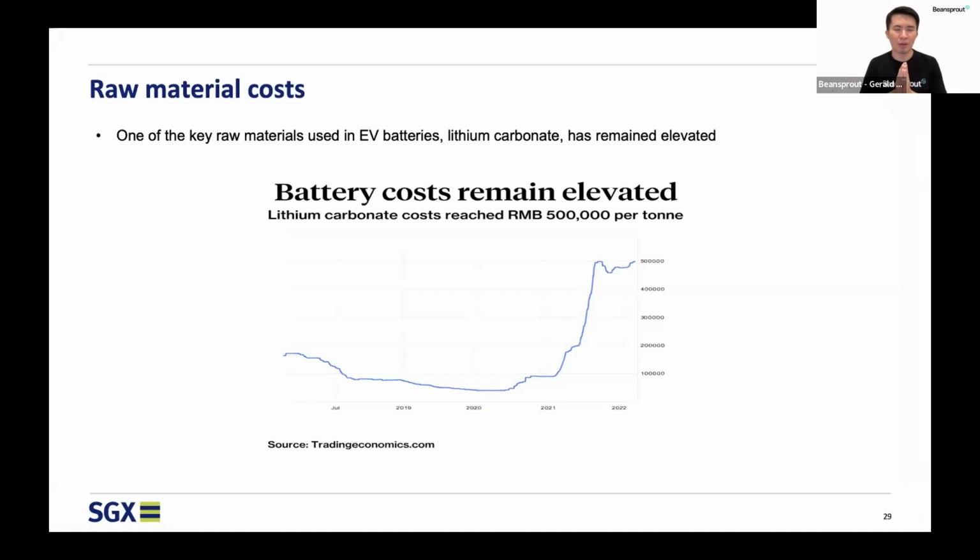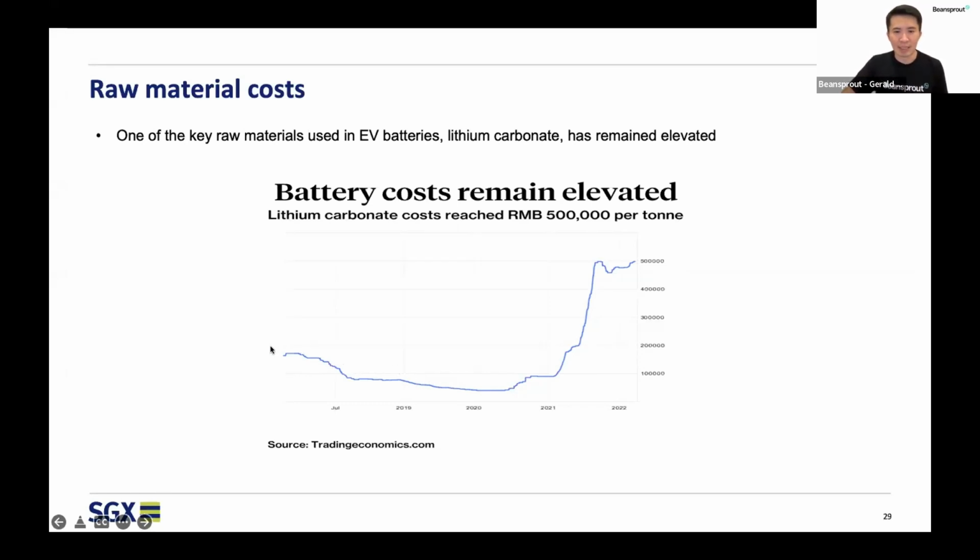Okay, so one of the things that investors are looking at very closely would be raw material costs. Especially in today's environment where inflation is the keyword. Whether you're looking at chicken, anything that you buy, the price is actually going up. And what is also going up would be one of the key raw materials that goes into making the EV battery, which is lithium carbonate. So I've taken the chart here, which shows the price of lithium carbonate over time.